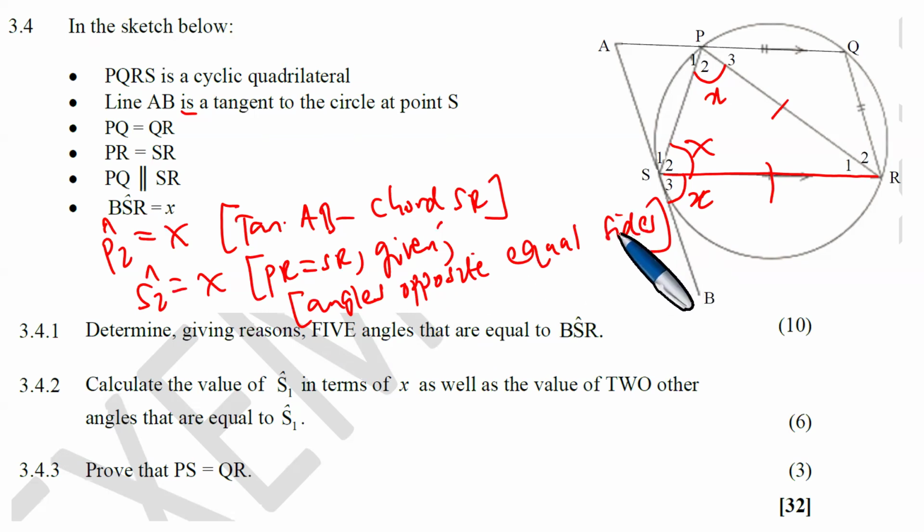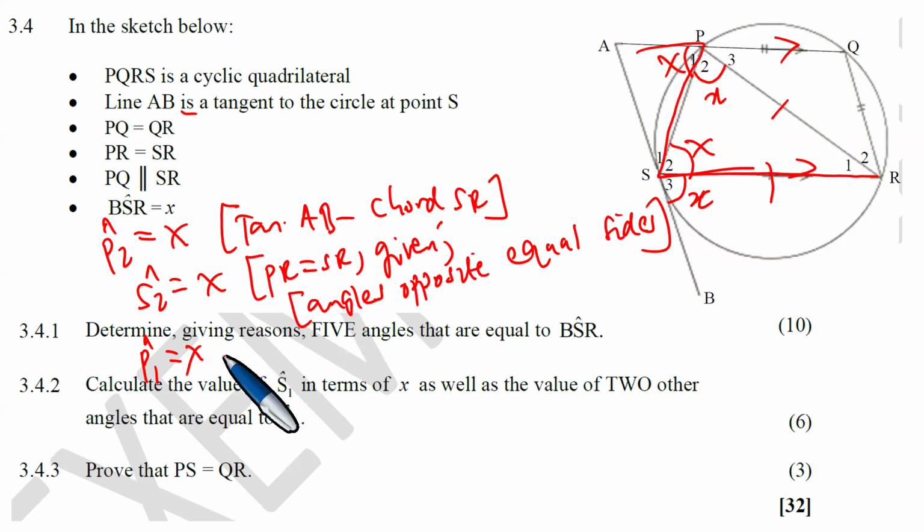So what else are we able to deduce here? The angle P1 is equal to X. Why? The angle P1 equals X because you already know that this one is parallel to this one.